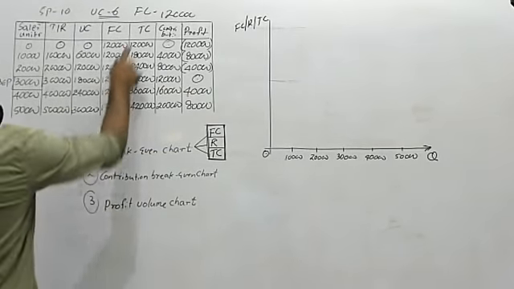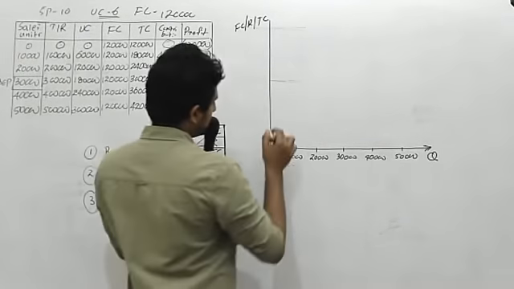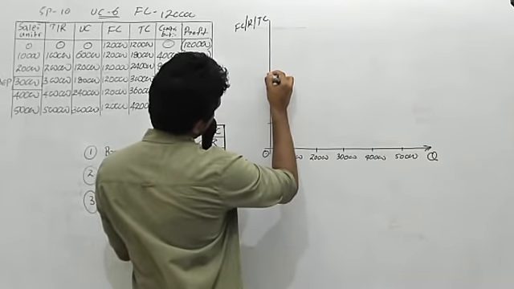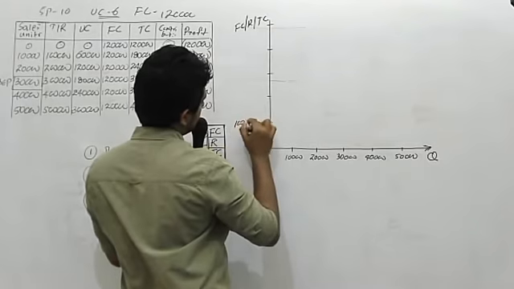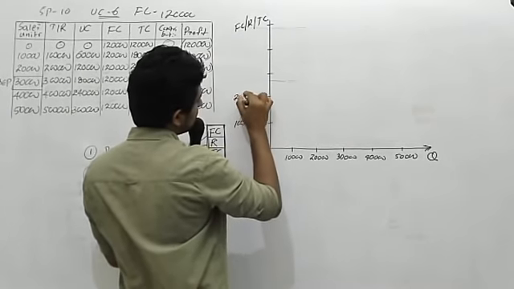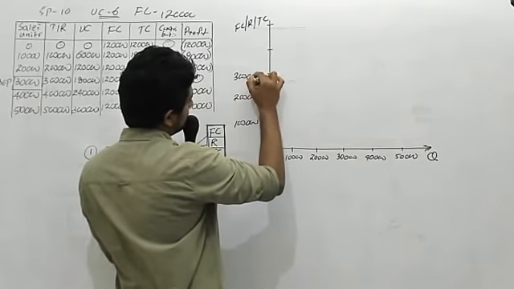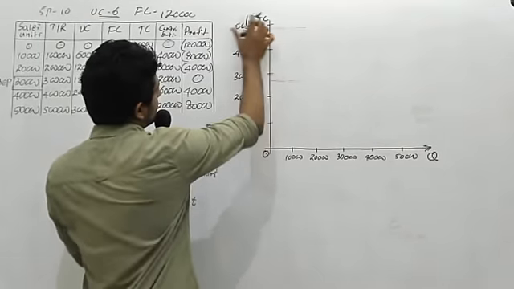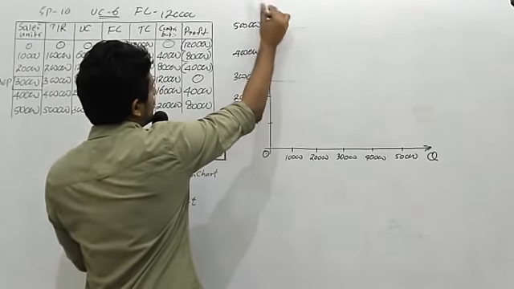Fixed cost at this level, the TC is 420. To get the revenue, I will mark this as 100,000, 200,000, 300,000, 400,000, 500,000.